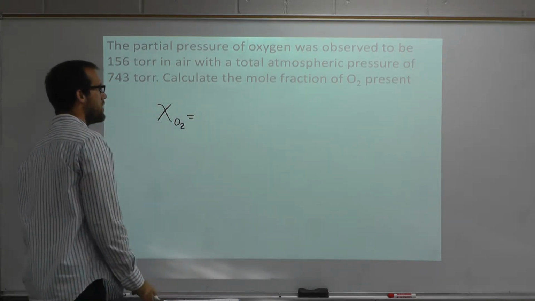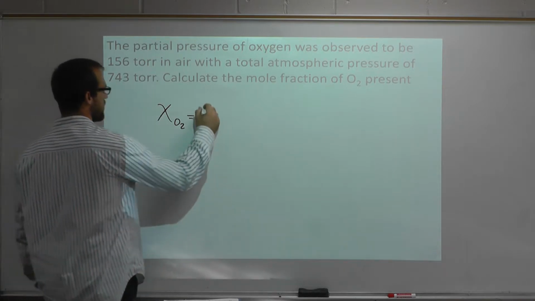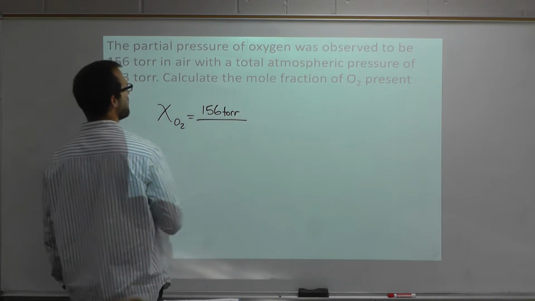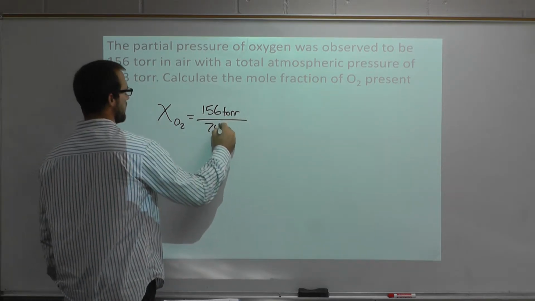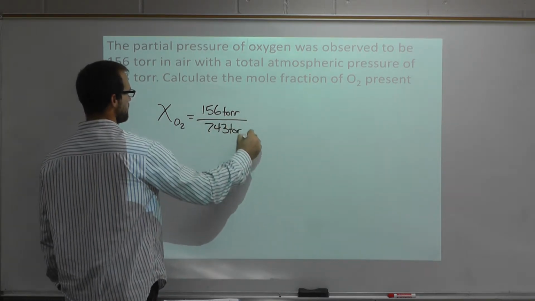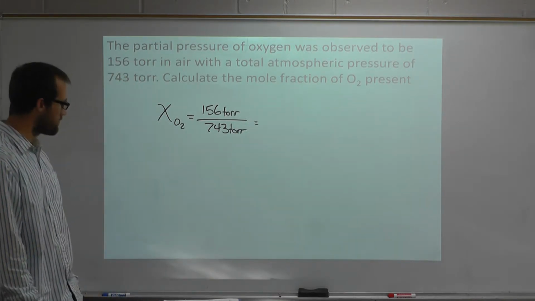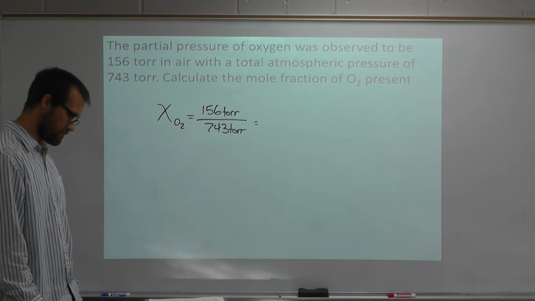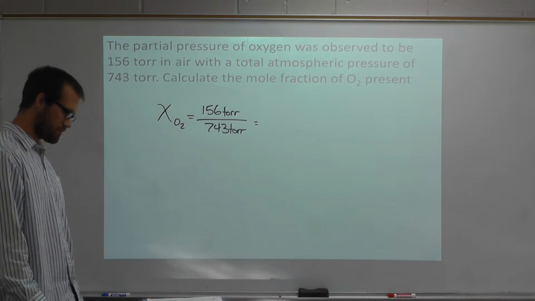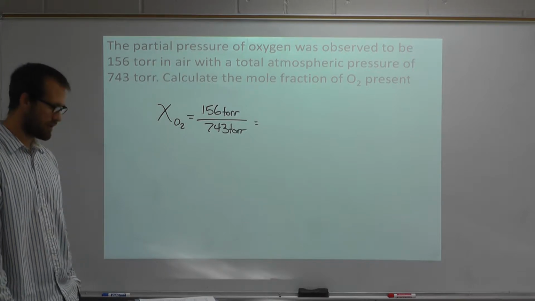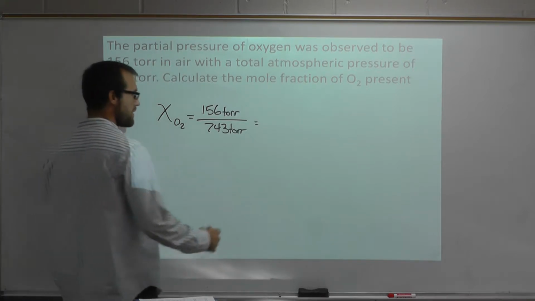Okay, and we know your P1, or the one you want, and your P total. That doesn't seem too hard, is it? That was it. Oh, okay. Sweet. So it is 21%.